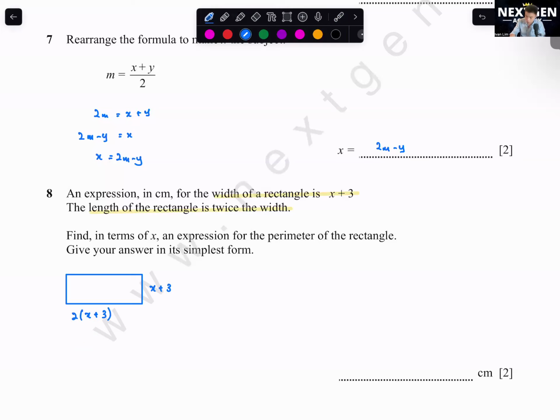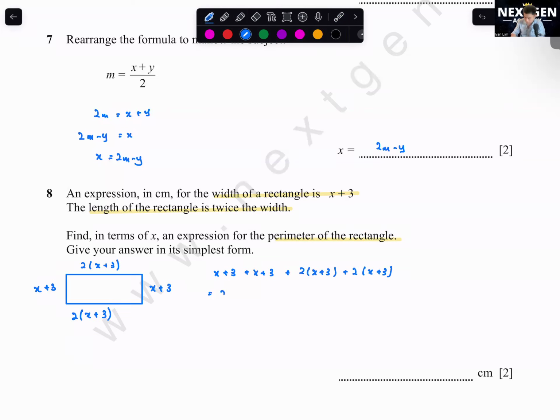So we can say it's 2 times (x plus 3). They want us to find the perimeter. What is the perimeter? Perimeter means this plus this plus this plus this. So we take here also x plus 3, here also 2 bracket x plus 3. You can add it all up: x plus 3 plus x plus 3 plus 2(x plus 3) plus 2(x plus 3).